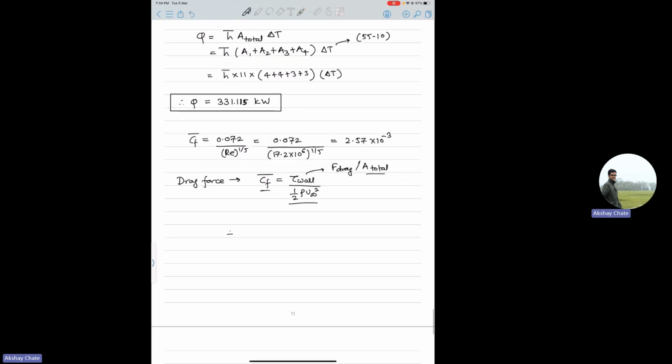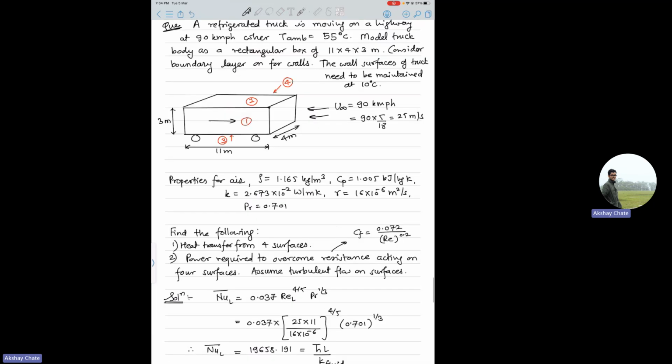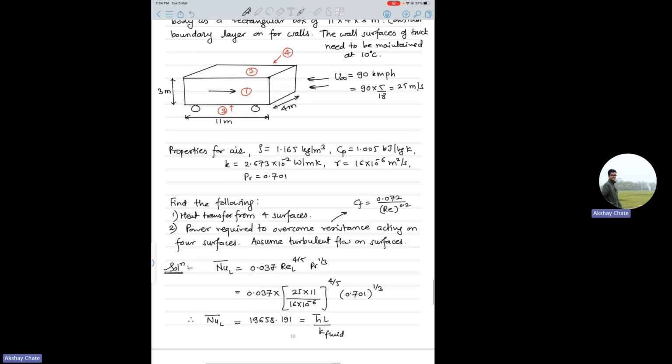And if you do the algebra, you will get drag force as 144.09 Newton. But now go back to the question. In the question, they are not asking about drag force. What they are asking here is, what is the power required?